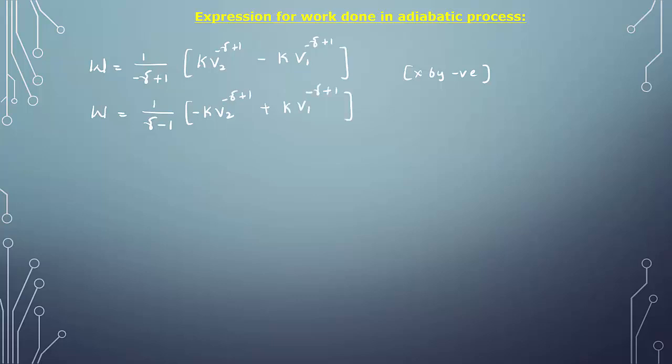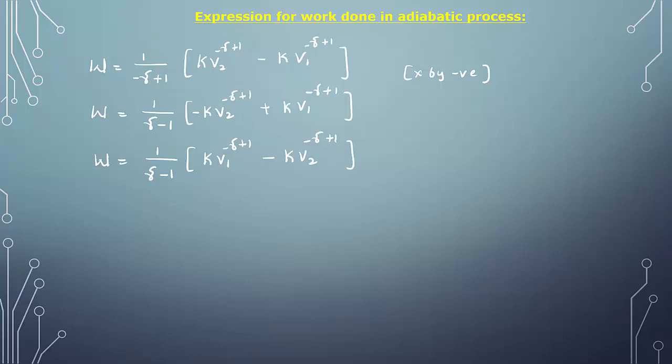Let us multiply it by negative sign, or we can write it as 1 divided by gamma minus 1 into, first we can write the positive term, K into V1 raised to minus gamma plus 1 minus K into V2 raised to minus gamma plus 1.